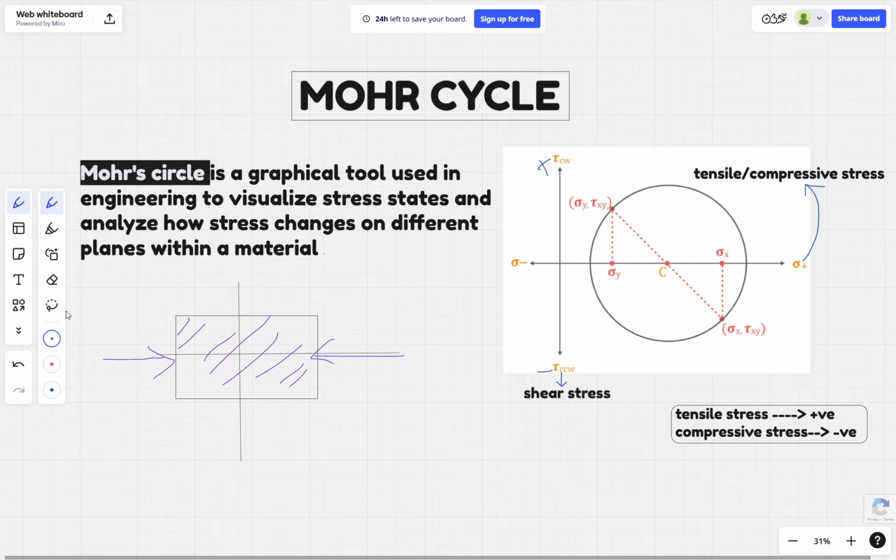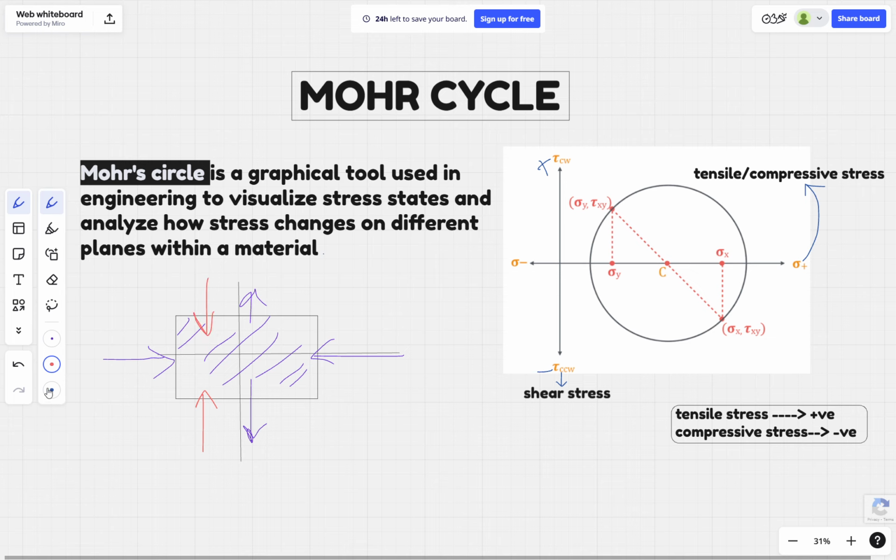Moving forward, the stresses can be applied in both directions. In this direction we can have principal compressive stress, and it can also be tensile stress. In this plane we can also have tensile stress, and vice versa we can have compressive stress.